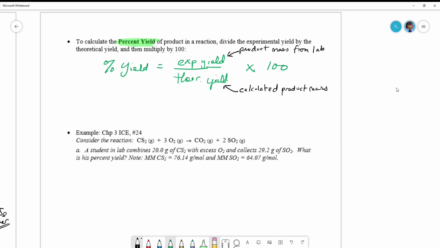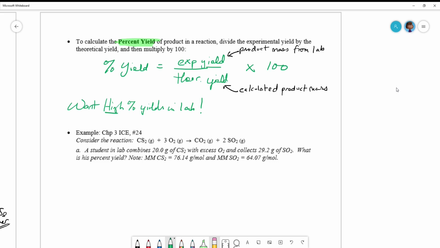Now, do we want high percent yields or do we want low percent yields in lab? The answer is we always want high percent yields. So let's note we want high percent yields in lab. Do not confuse percent yield with percent error. We want percent error to be as low as possible.